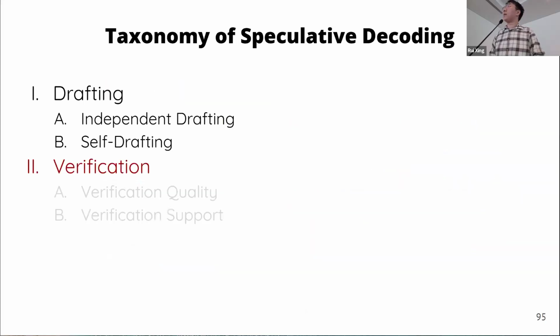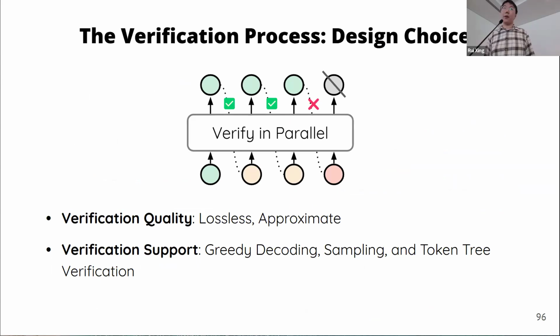Okay, so we have introduced these two different drafting methods. The first is independent drafting, and the second is self-drafting. Next, we will talk about verification. Usually verification is also very important because it determines the output quality. Draft tokens can be accepted or rejected, depending on the verification. Usually we verify the different draft tokens in parallel using the original model.